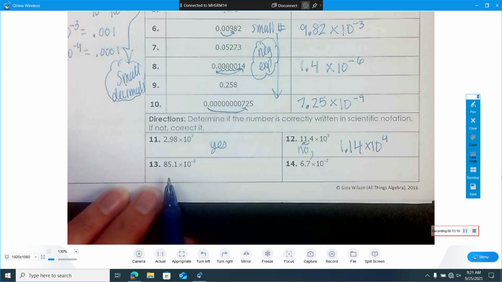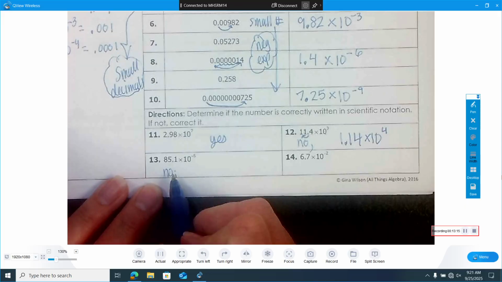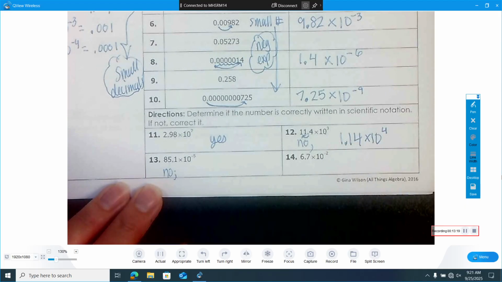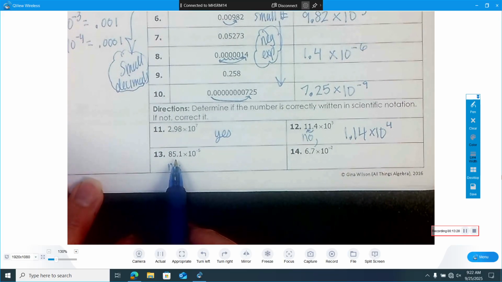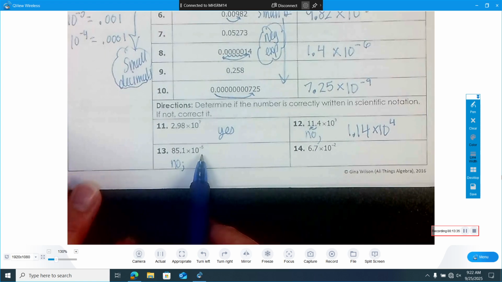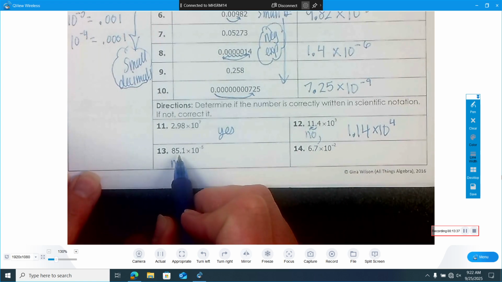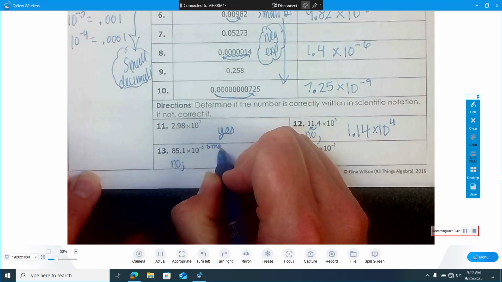What about number 13? Is it right or wrong? Wrong, so that's not correct. And again, the placement of the decimal is not quite right. Ooh, this is tricky. So when we think about this number, this is a small number because the exponent is negative, okay? So I can imagine that it should be a really small number.